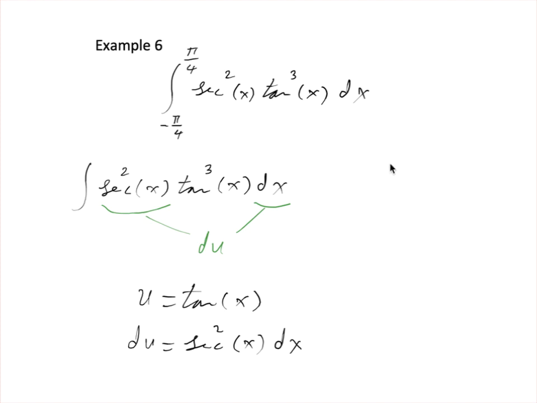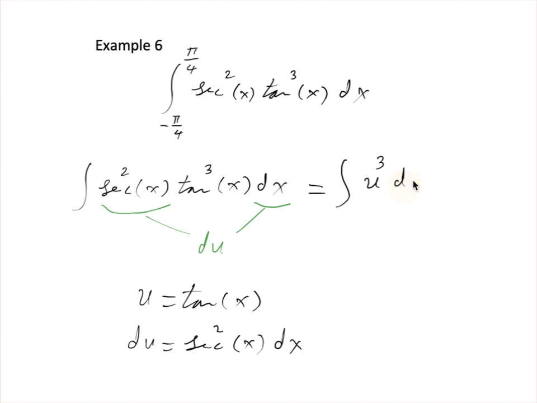Now let's make the substitutions. Then this is the integral of tangent cubed of x, which is u cubed, right? The tangent is u, and the secant squared times dx is the du.